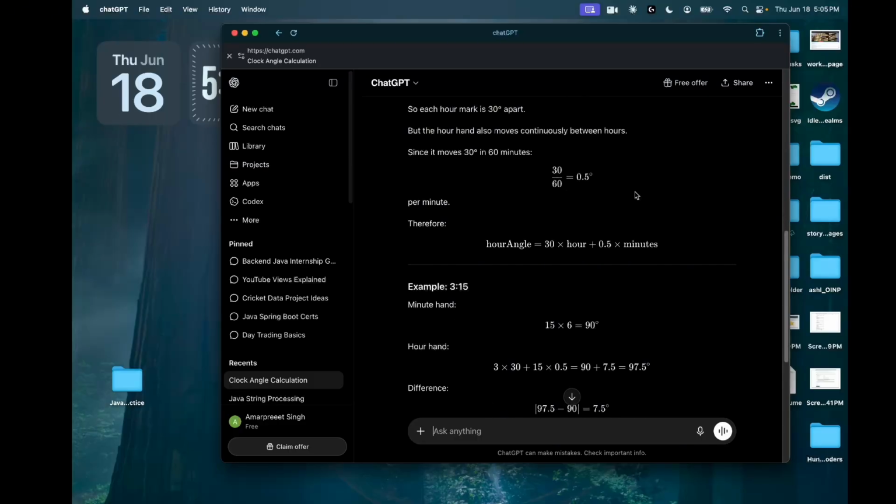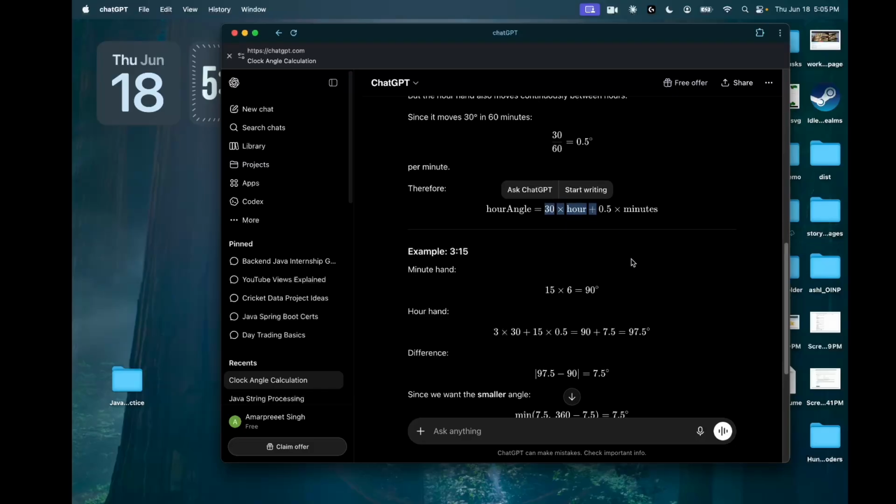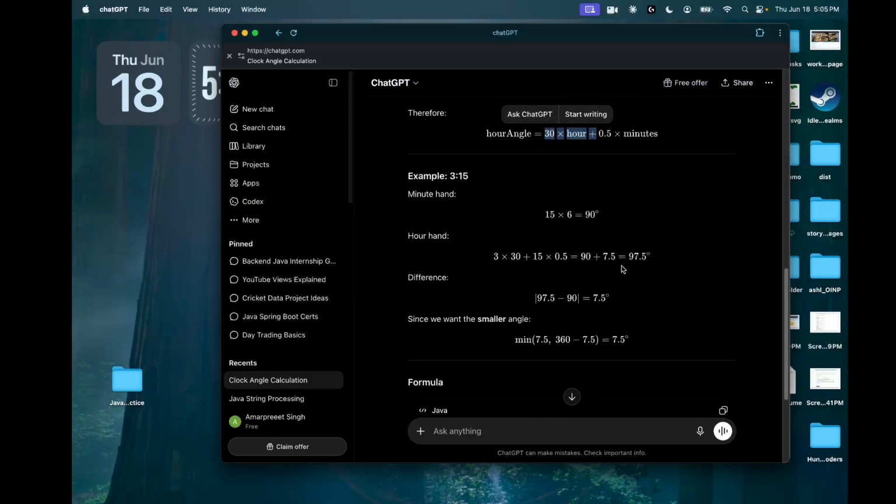For example, at 3:15 the hour hand has moved 30 times the hour. I think this is what I was missing.